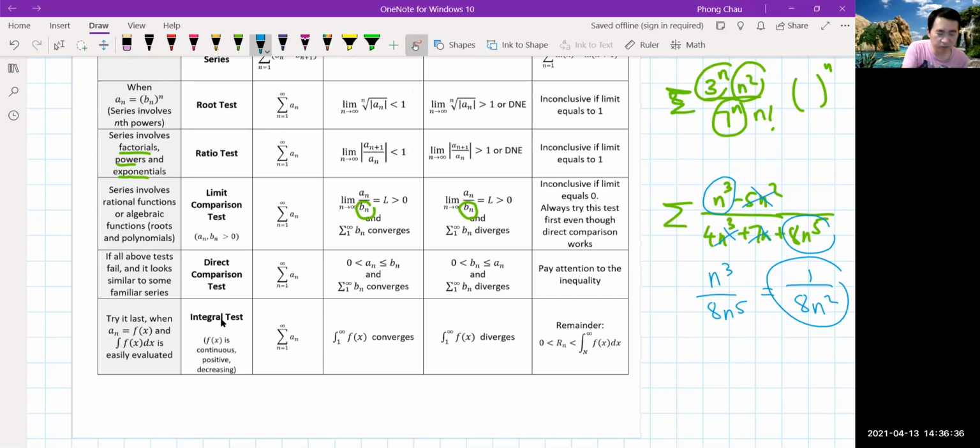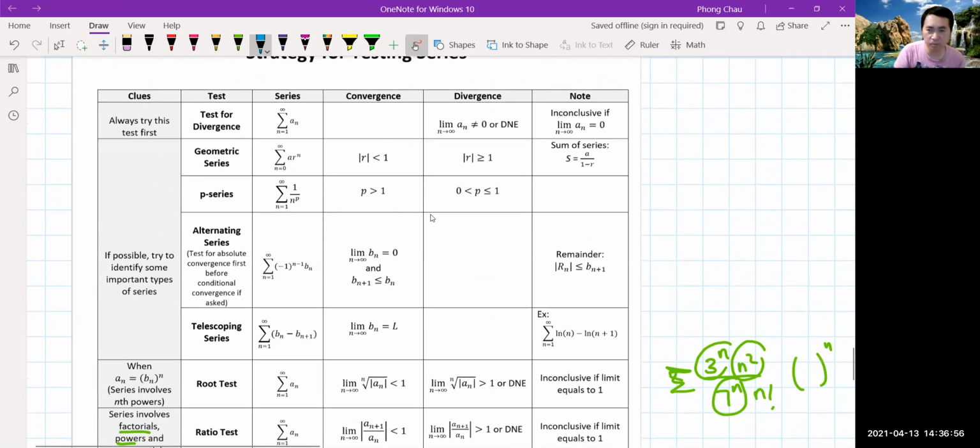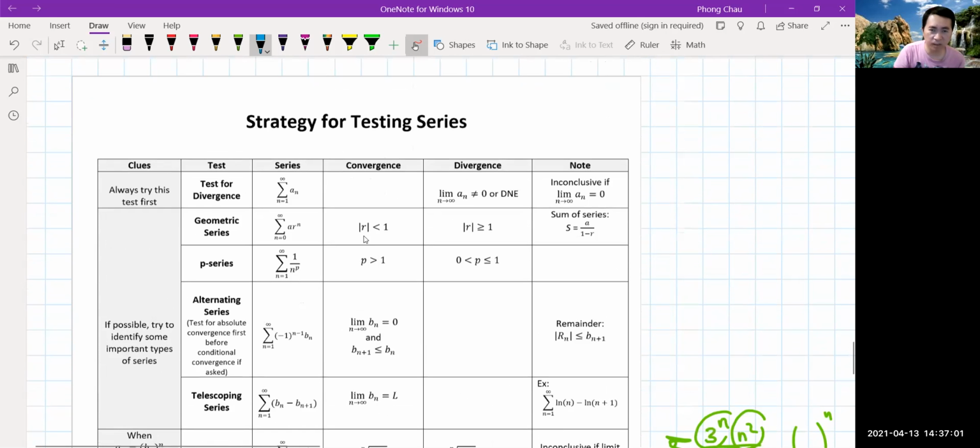And finally, the integral test is the one that is harder to apply. You have to find a function and satisfy three conditions, so that is the last test you're going to use if all other tests fail. You can try some more examples and use this table to see if you can tell which test to apply.